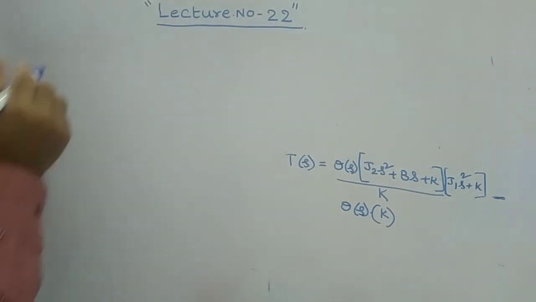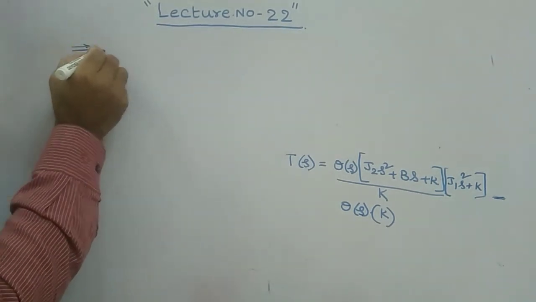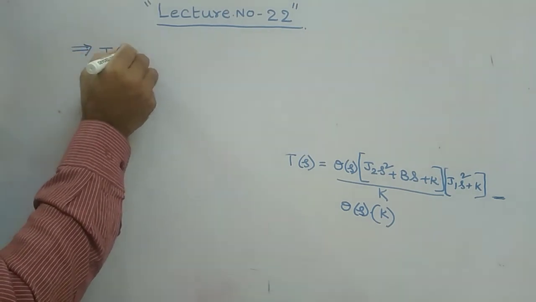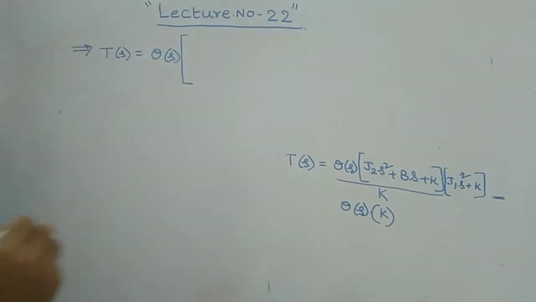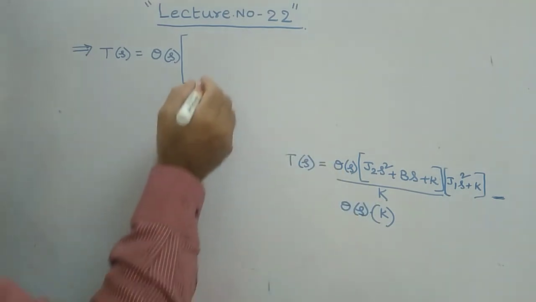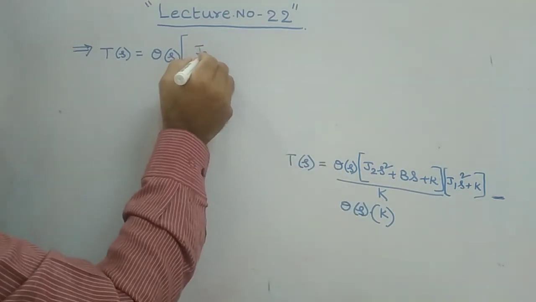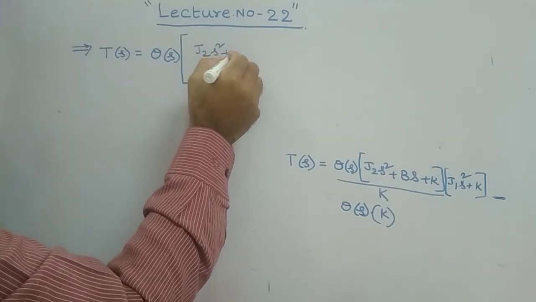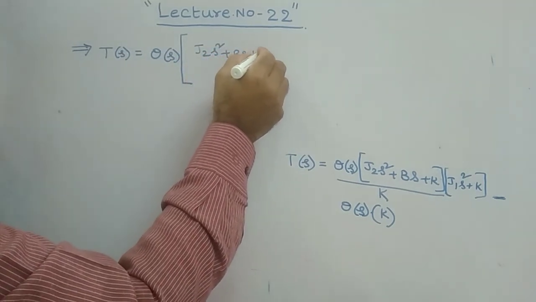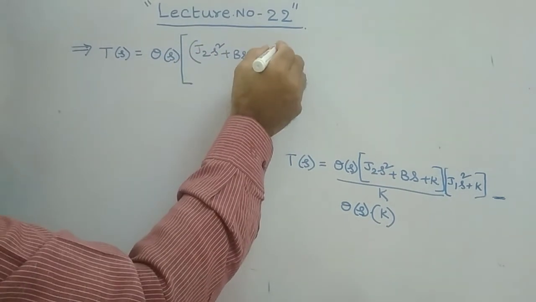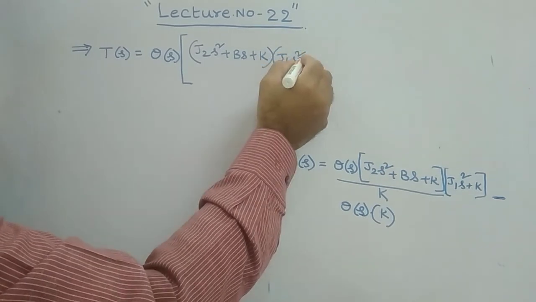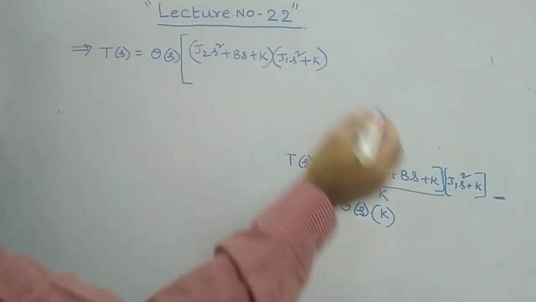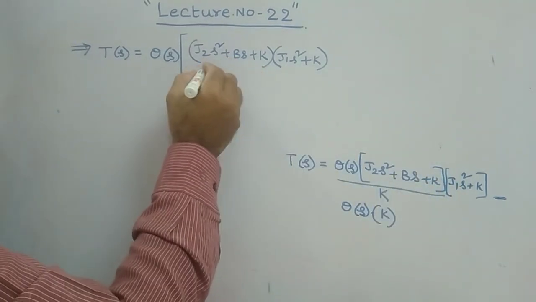This implies theta of s is equal to, I take theta of s common, and from there theta of s, if you take common, then it is (J2 s square plus bs plus k) multiplied with your (J1 s square plus k), both in product only, by k.